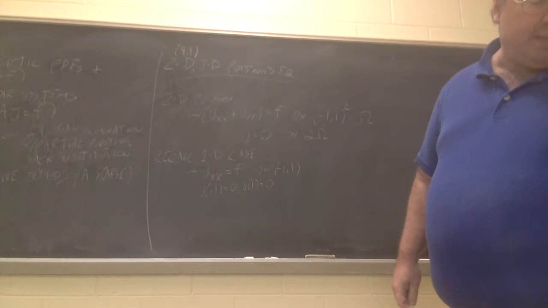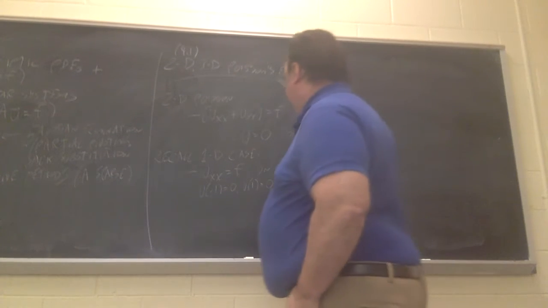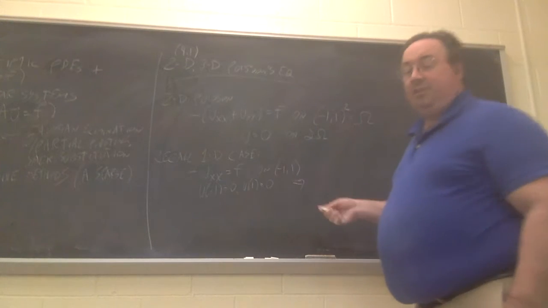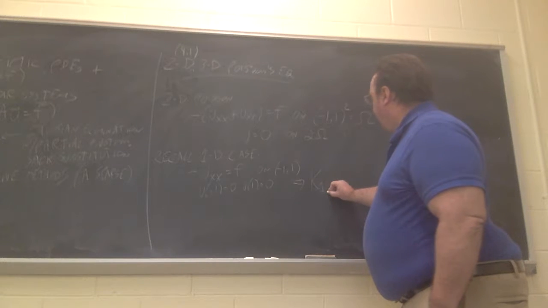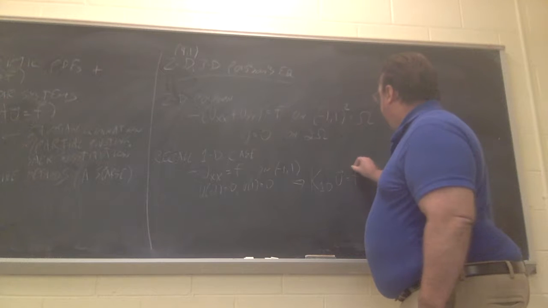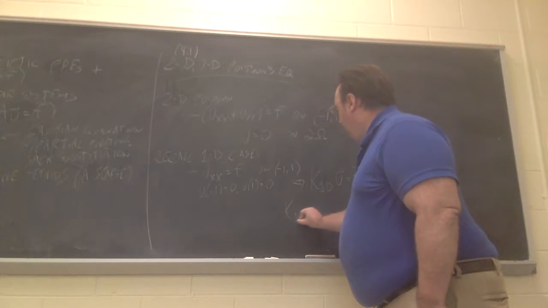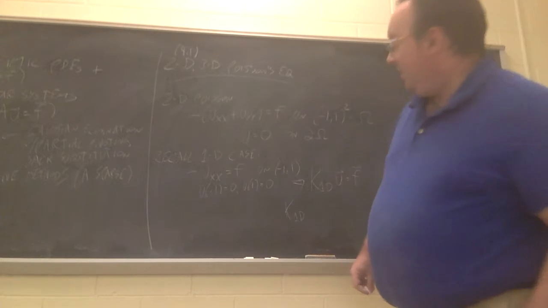And what's happening in that case is you set up a system of equations and you solve this system. I'll call it K1D times U is equal to F. And K in the 1D case is that, not sure why I called it K, but whatever.